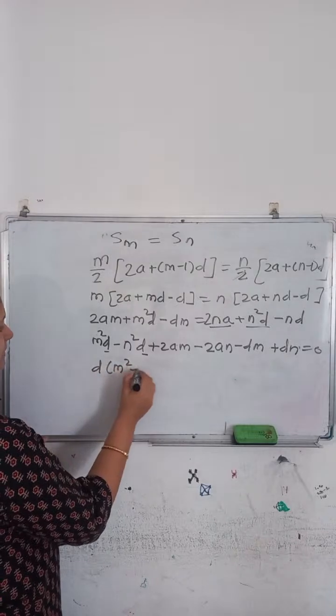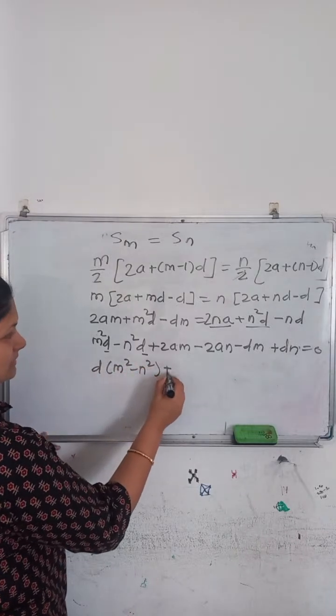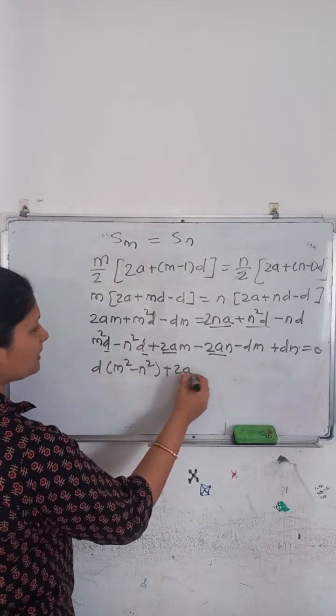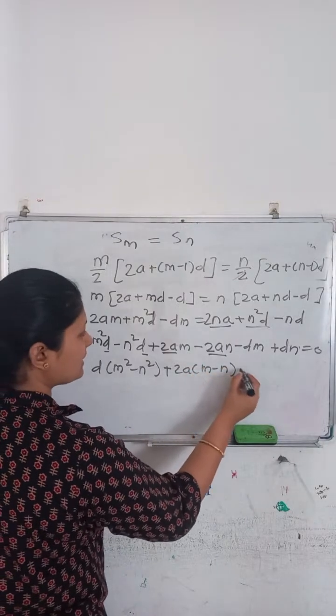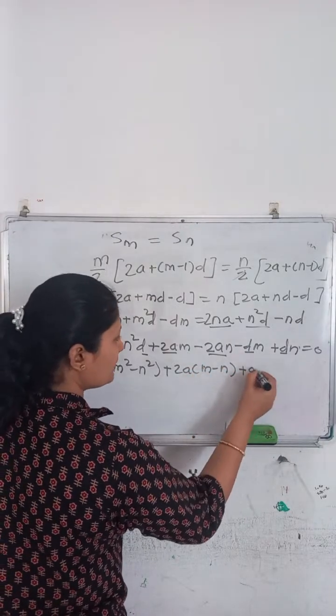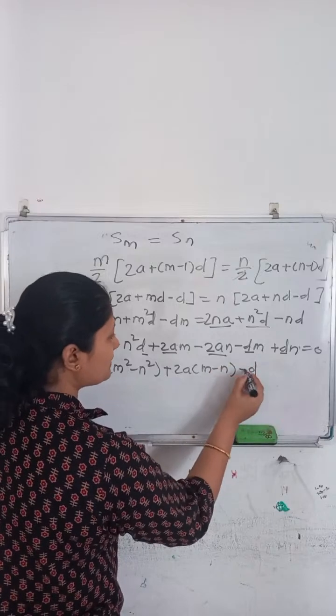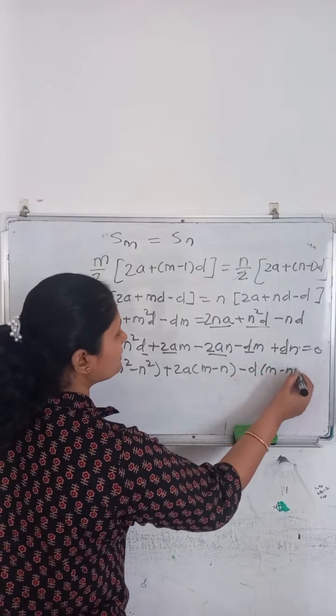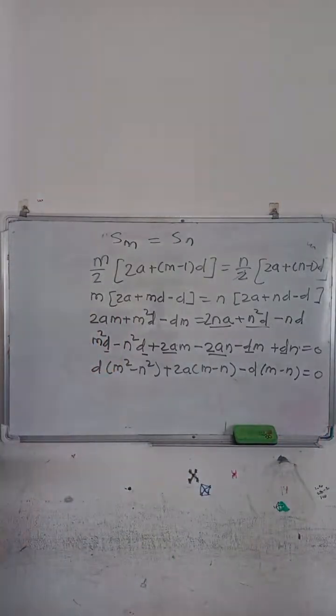Now here I will take d common. So m square minus n square d, plus here 2a is common, so inside this bracket m minus n, plus here d and d common, so I will take minus d common, so m minus n is equal to 0. Can you all get up to here?